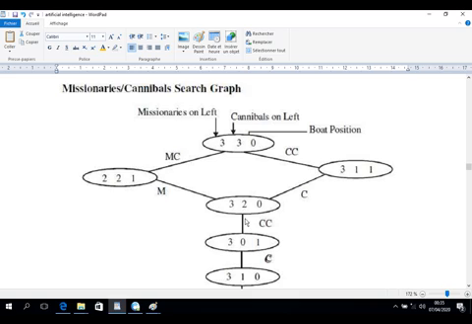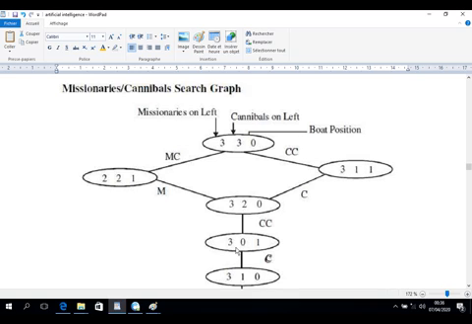Now we have 3 missionaries and 2 cannibals. Now we can carry the 2 cannibals in the second trip, or that is the third trip, to cross from the first side to the second side.